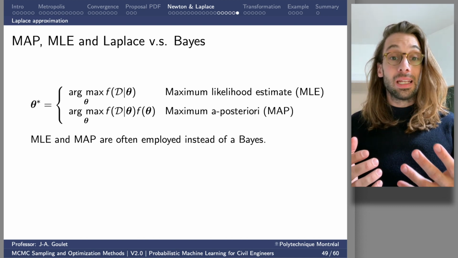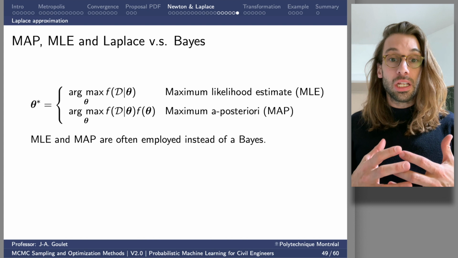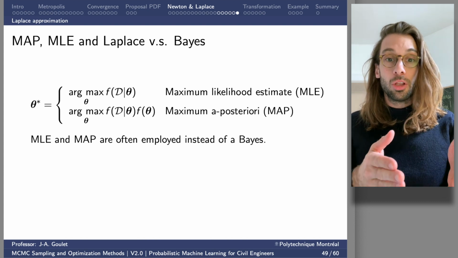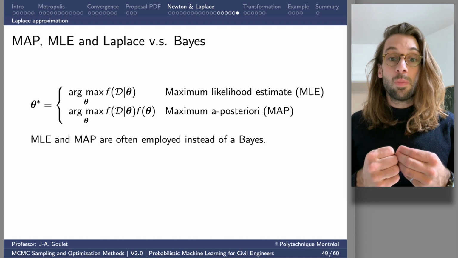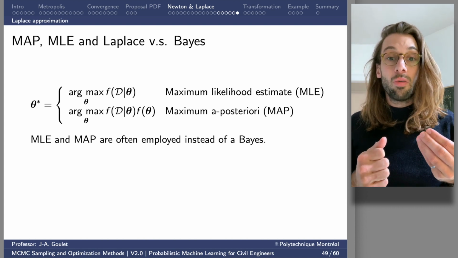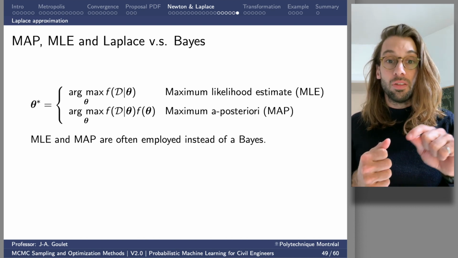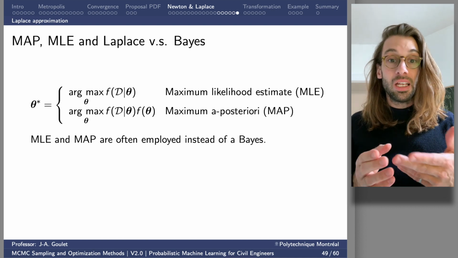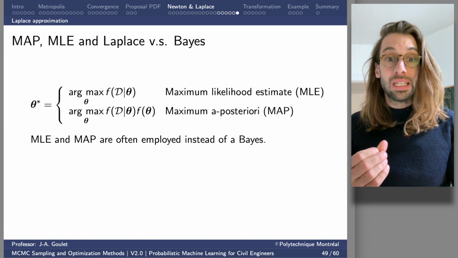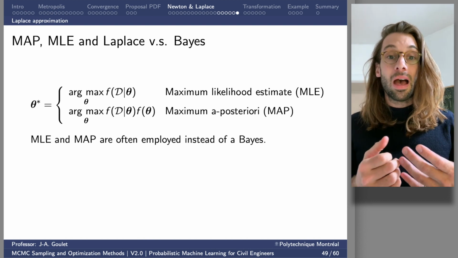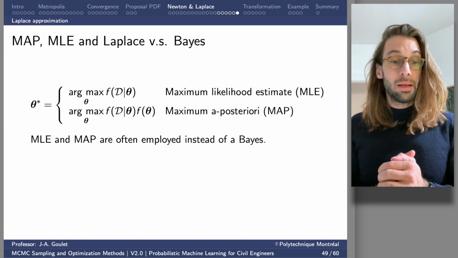But the problem is that in many cases, doing a full Bayesian analysis using, for instance, the MCMC methods we're seeing here can be computationally really expensive, okay? Because evaluating our target function f tilde of theta might be expensive. It might take a few seconds. If I take a few seconds times 100,000 samples, this is a consequent amount of computational resources, okay?